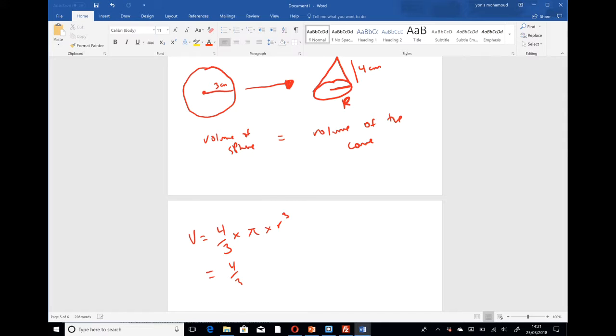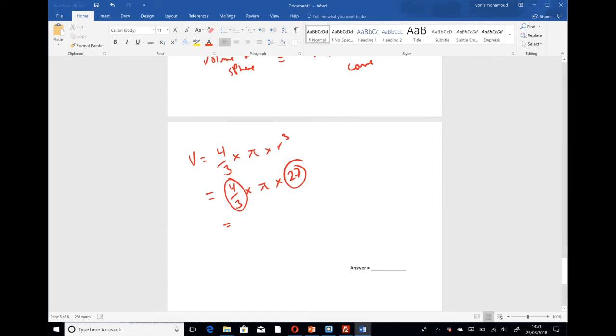So 4/3 times pi times 3 cubed, which is 27, so we're going to do 4/3 times 27. 27 divided by 3 is 9, and 9 times 4 is 36 pi. So that is the volume of the sphere.